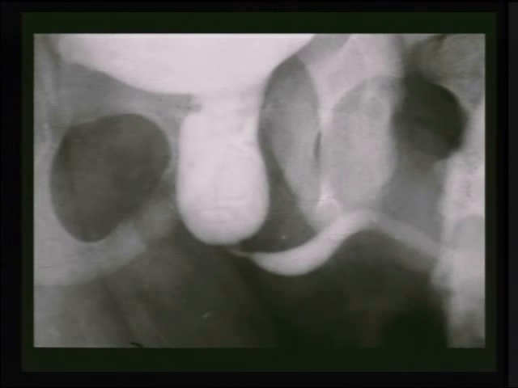Then there is intermittent micturition within the anterior urethra. If you look at that collapsed urinary bladder, you see that it has a thickened, trabeculated wall. This is an example of posterior urethral valve and intermittent micturition.